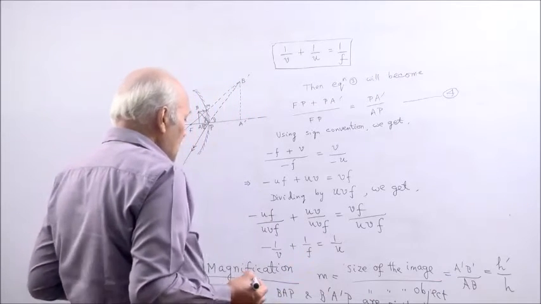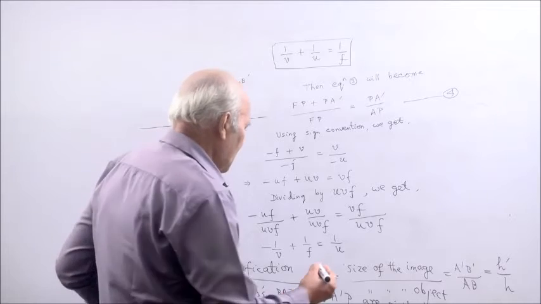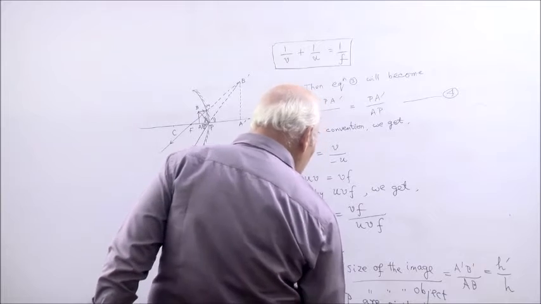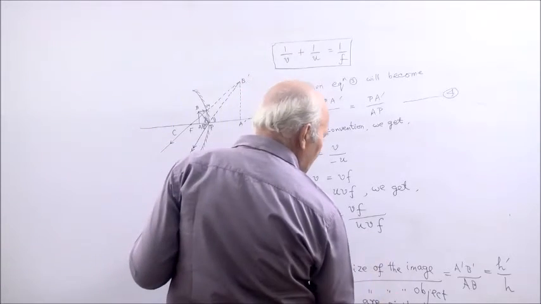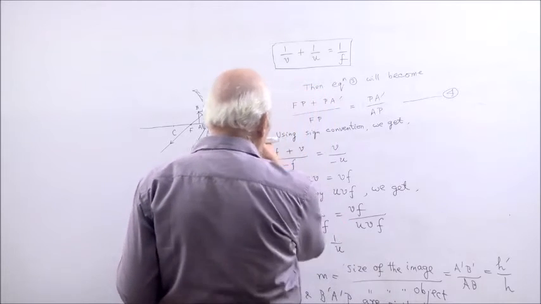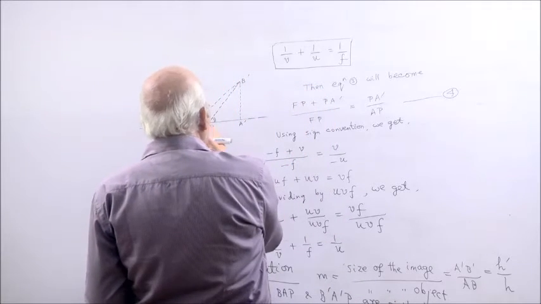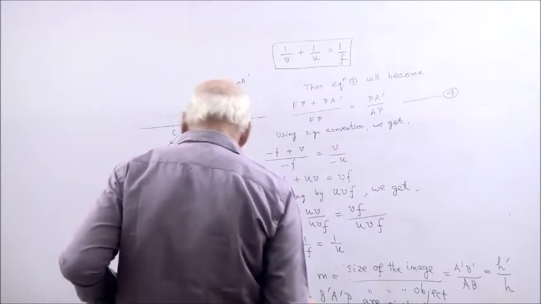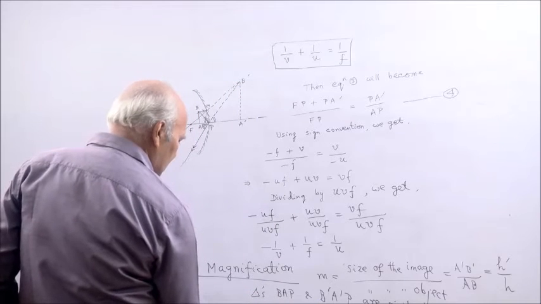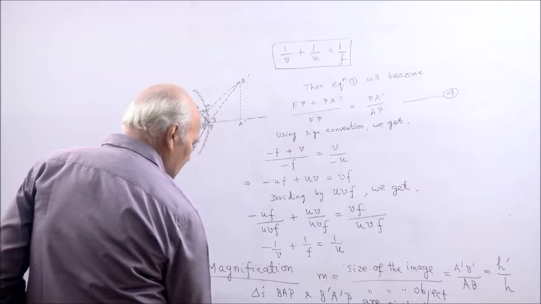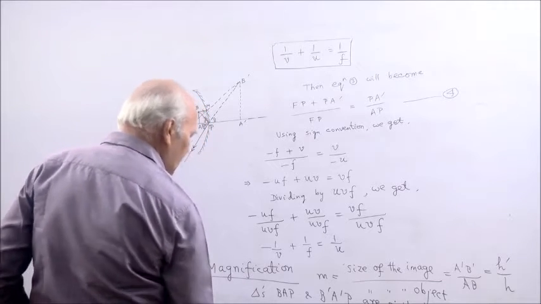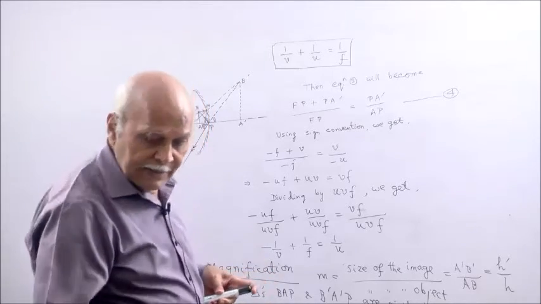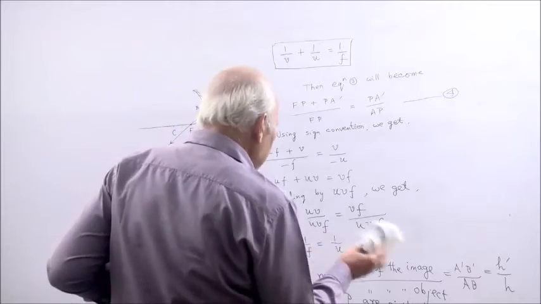B dash A dash by BA is how much? H dash by H. And what is PA dash? PA dash is V, plus V according to sign convention, towards right, and AP is minus U. So, this shows that magnification is also minus V by U. It is H dash by H, but according to object distance and image distance, it is minus V by U.